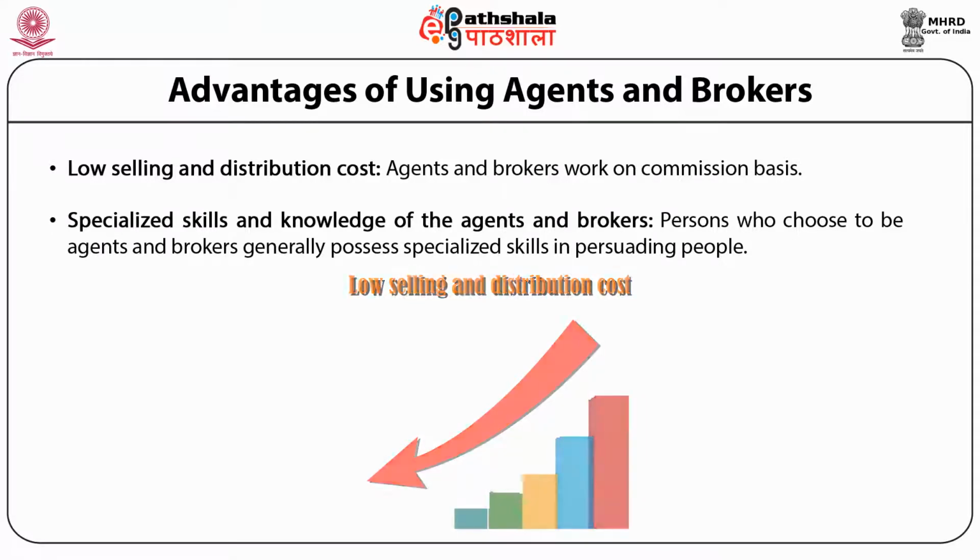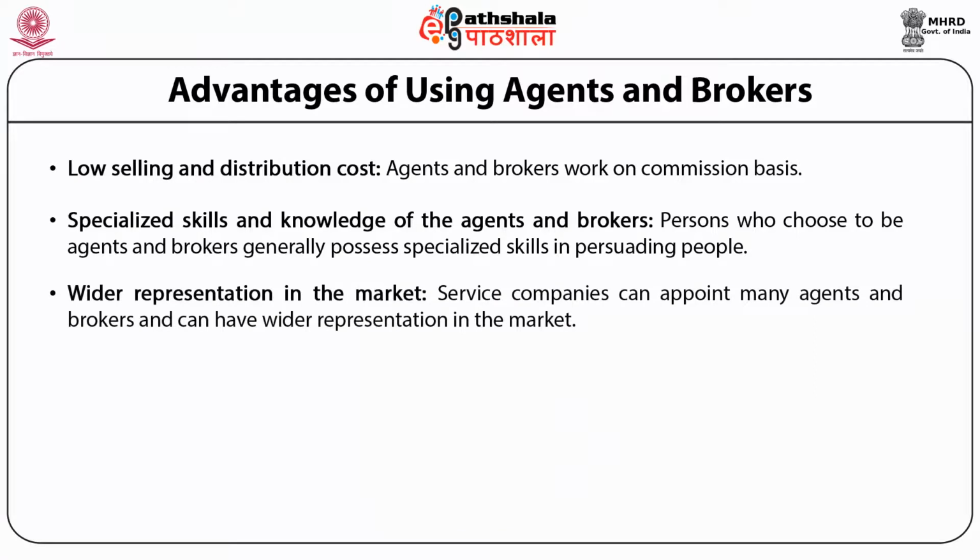Another advantage is wide representation in the market. Service companies can appoint many agents and many brokers and can have wider representation in the market. We can take the example of LIC, which has a huge market through its wide spread of agents and brokers.